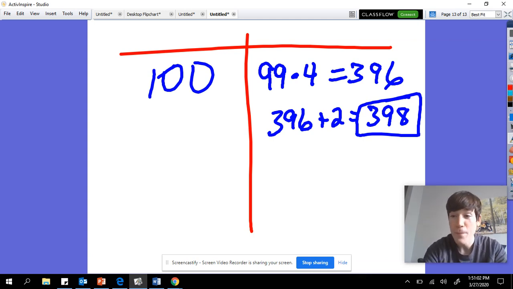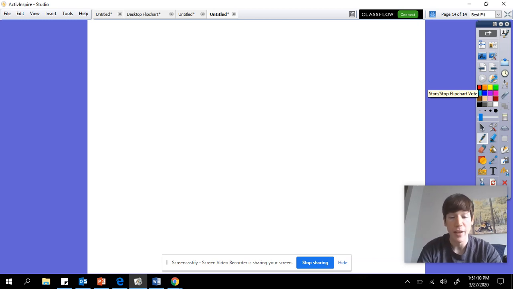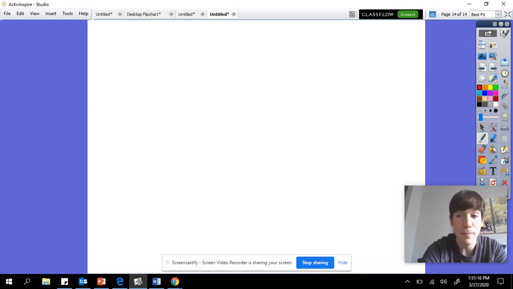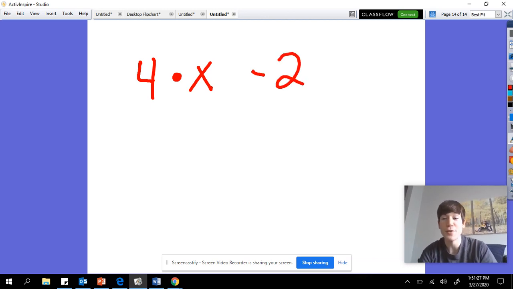Eventually, our goal here is to come up with some sort of pattern with a variable in it that can tell me any day, where the variable represents the day number. One pattern that I see, you may have seen as well, is if you take 4 and multiply by the day number and then subtract 2, you will always get the number of push-ups. So 4 times x minus 2.